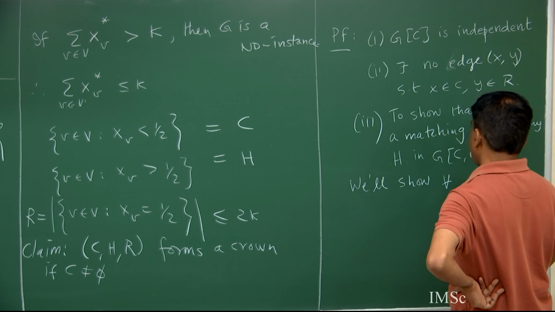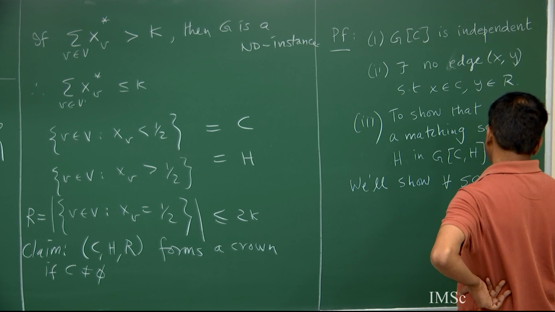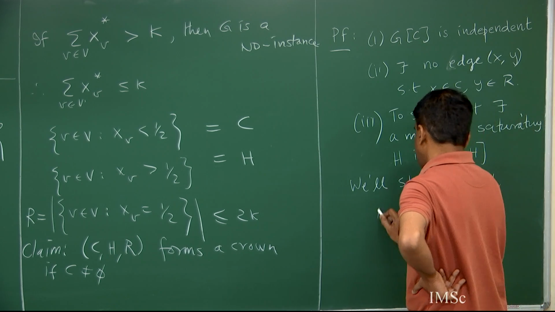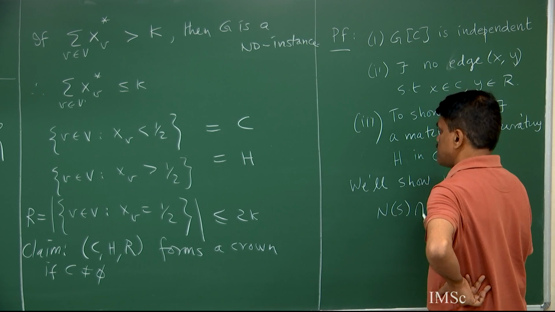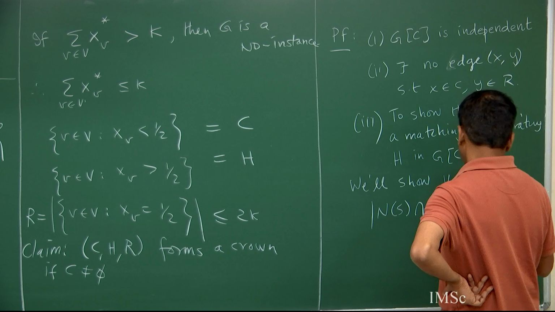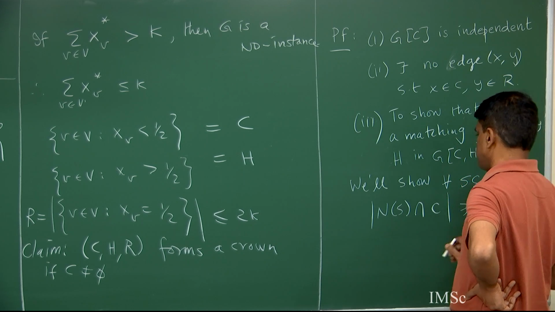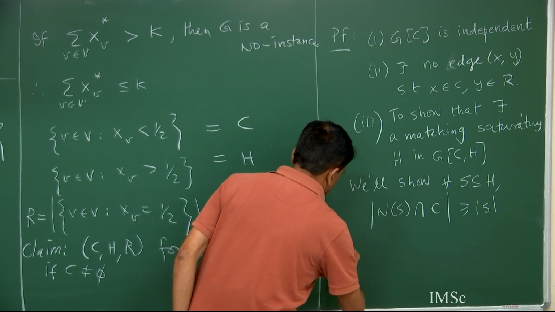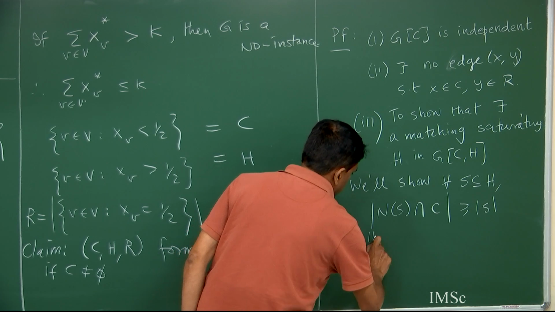So we will show for all S contained in H, the neighborhood of S intersected with C is greater than or equal to the size of S, right? Then the claim will follow.